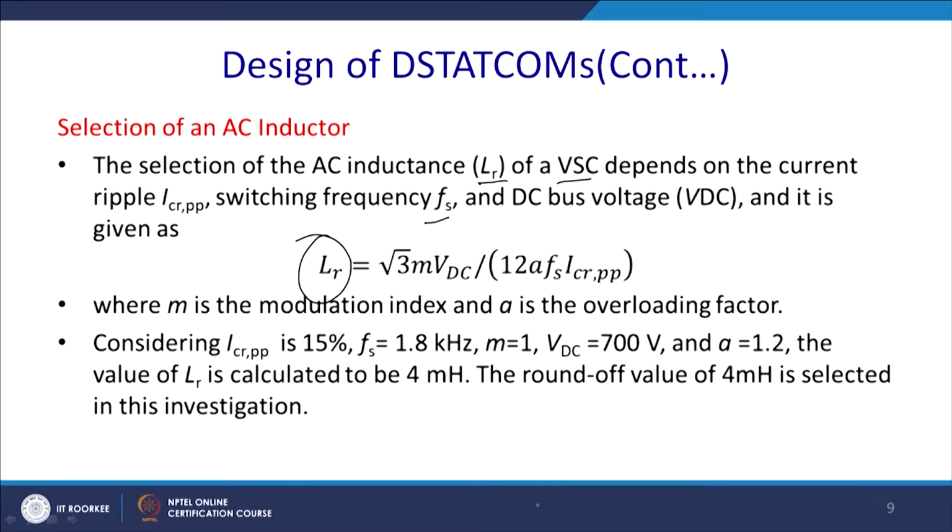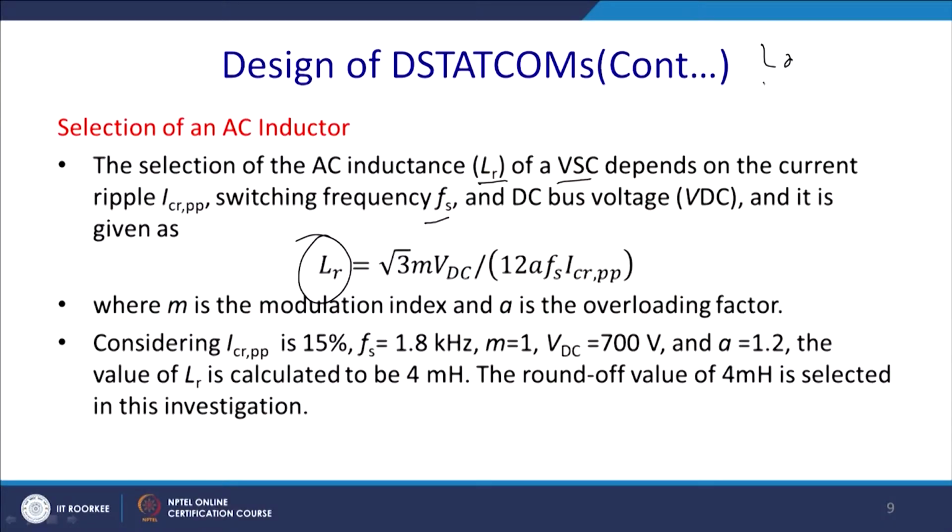M is the modulation index of the switching pattern, and A is the overloading factor, that is, how much you can overload. Generally, when we put the inductor specifications, there are a few values: its no load value L0, its full load value, and 1.2 times the full load value.